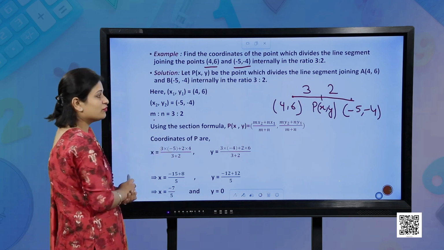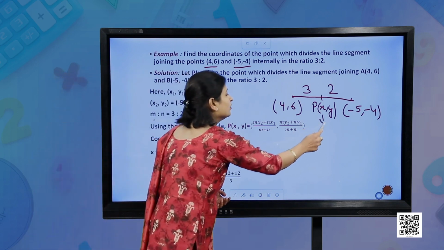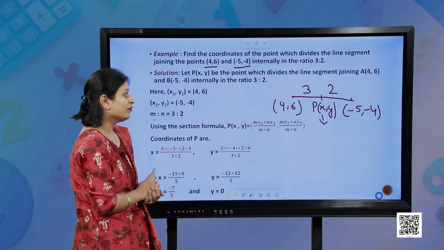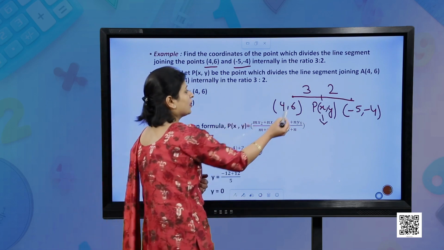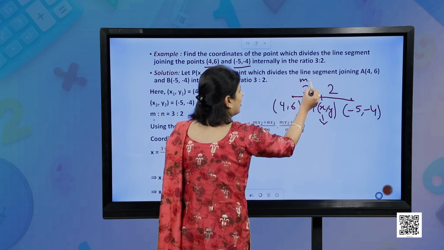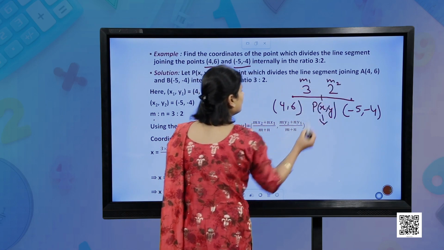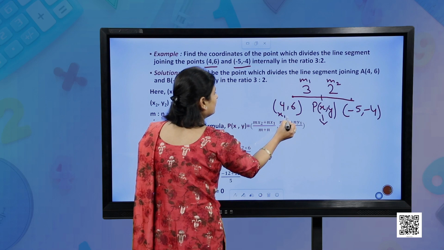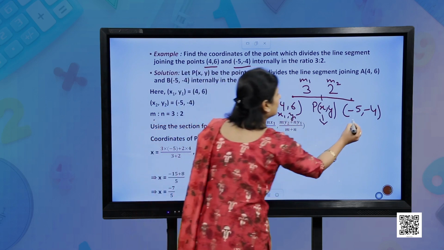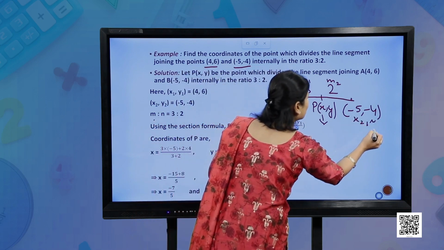So, by using the section formula, can you find this point? Yes, we can. How? The section formula says, suppose this is m1, m2, this is (x1, y1), this is (x2, y2).